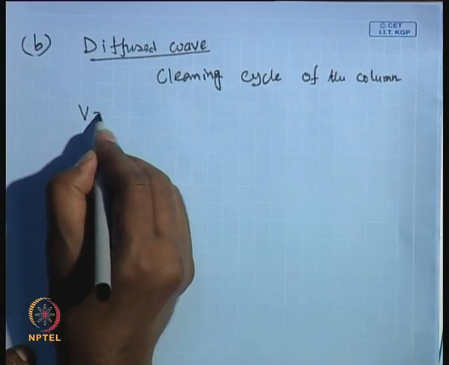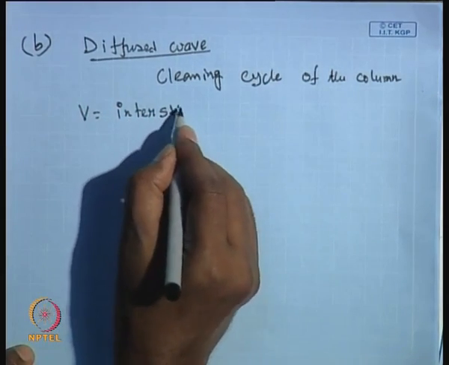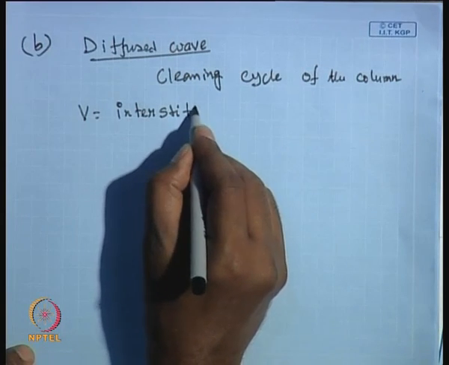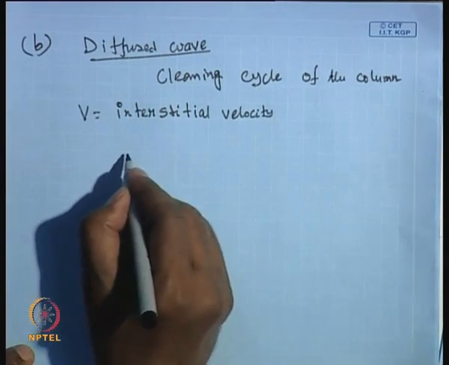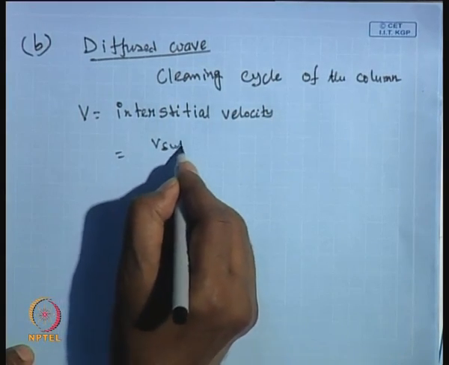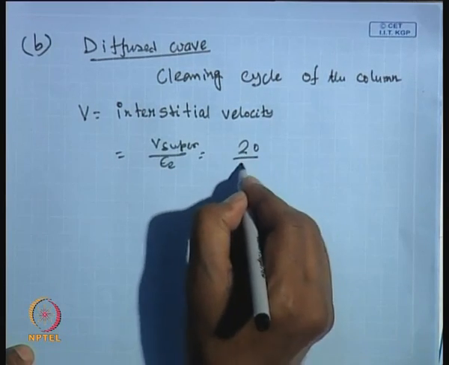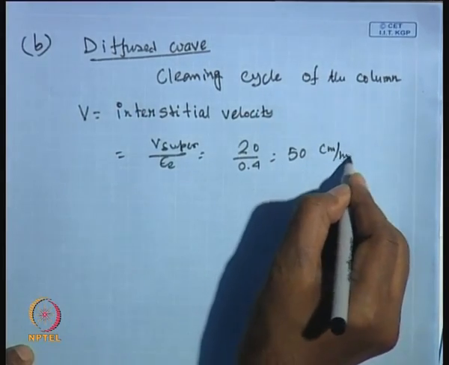In this case the interstitial velocity will be different because the superficial velocity is different. 20 divided by 0.4 turns out to be 50 centimeter per minute.